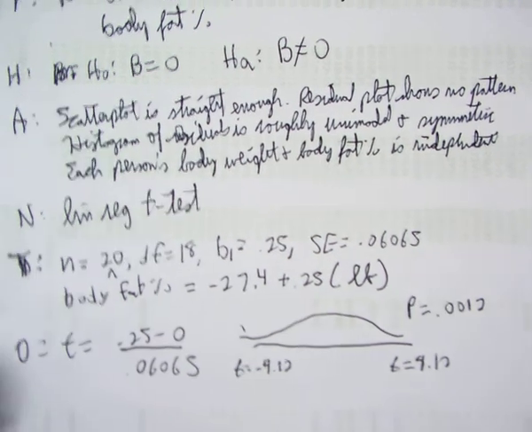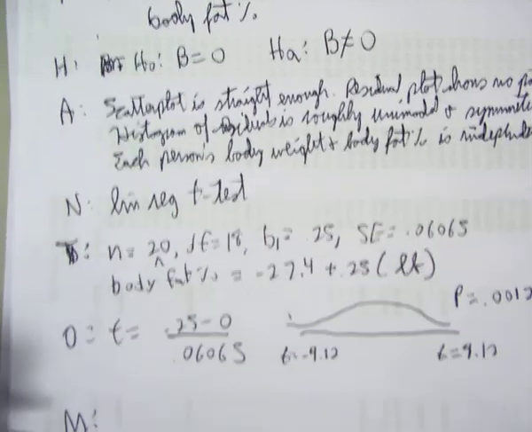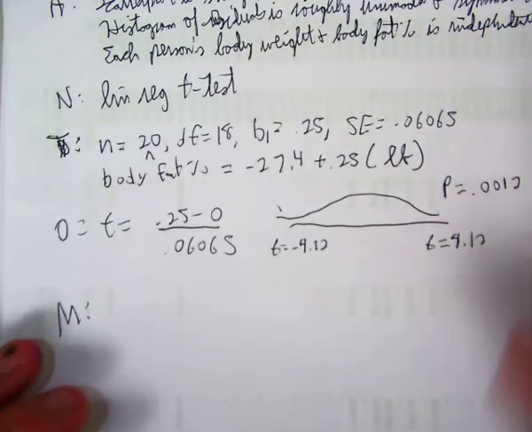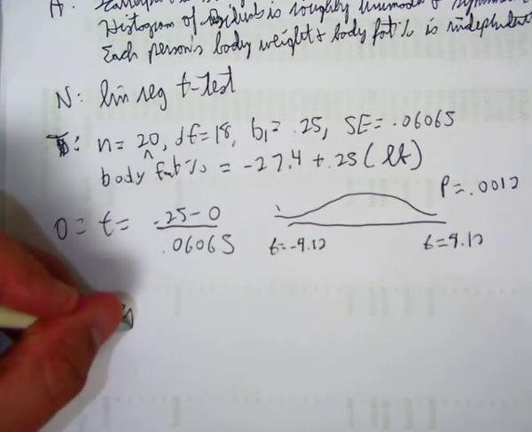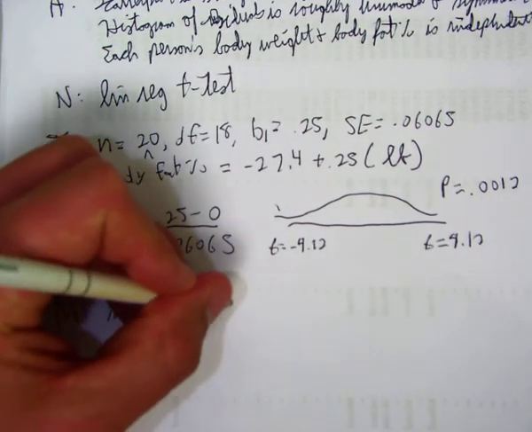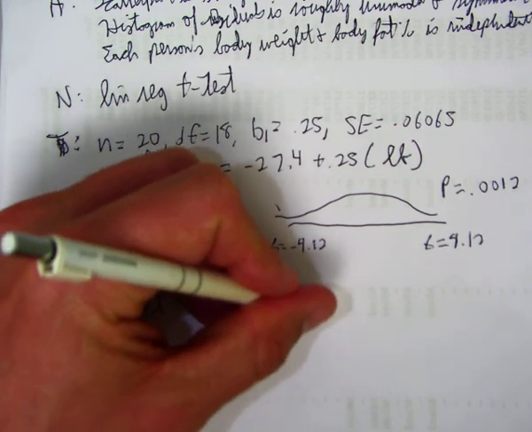Okay, so we make a decision, and in this case we're going to reject H sub 0 at the 0.05 level.